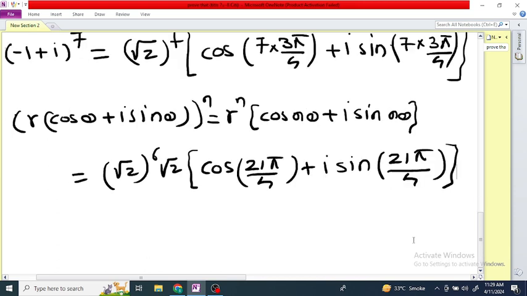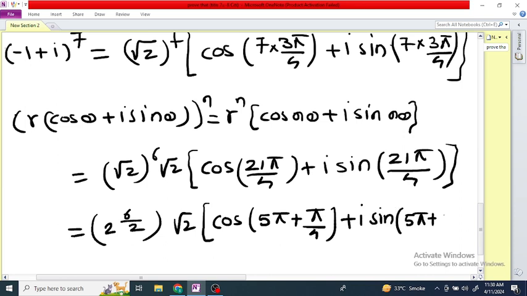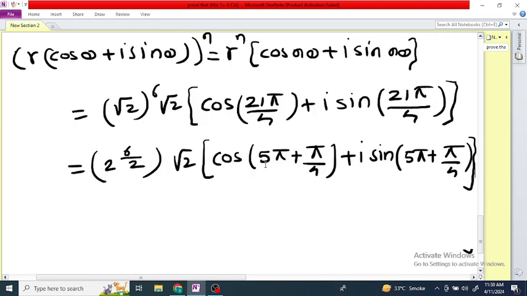Now I want to simplify this. So we know that root 2 raised to 6 means what? This is nothing but 2 raised to 6 by 2, and we can write this 21 pi by 4 as cos of 5 pi plus pi by 4 plus i times sin of 5 pi plus pi by 4, since if you simplify this again, you will get 21 pi by 4.